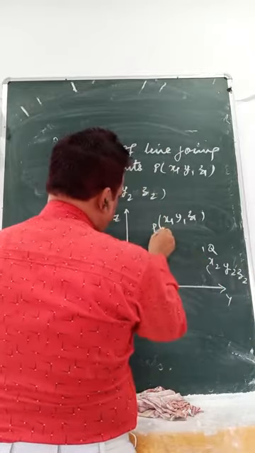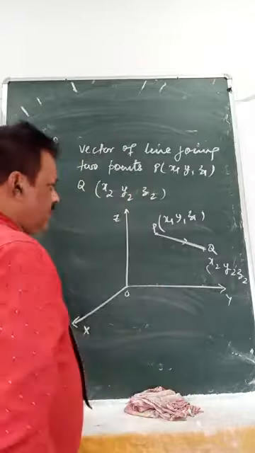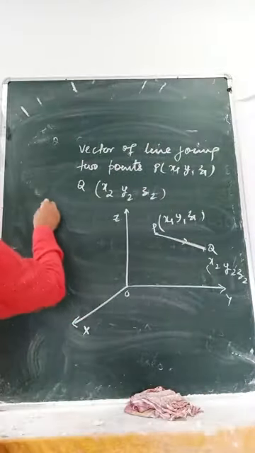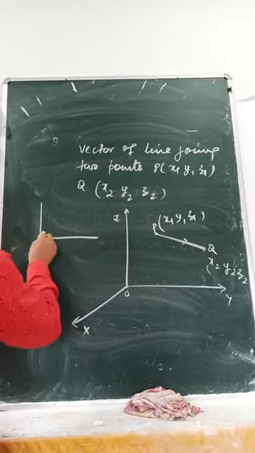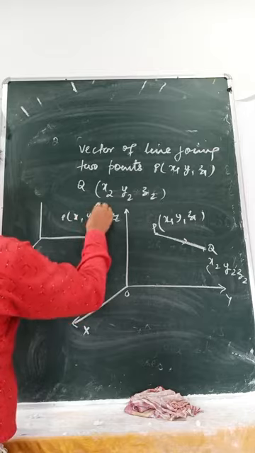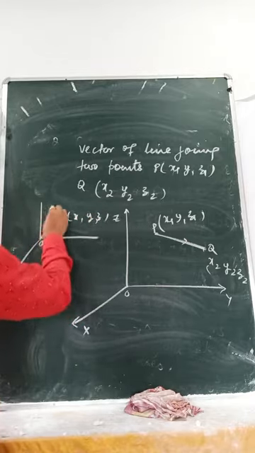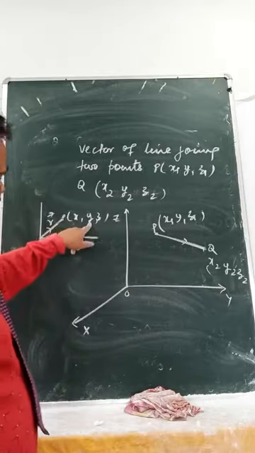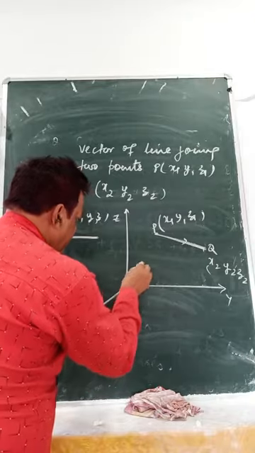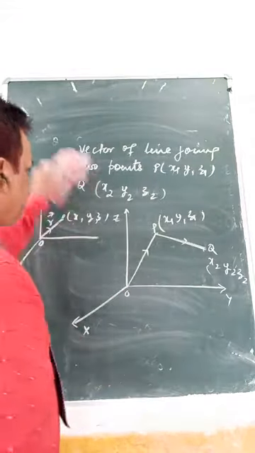Now I want to find this vector, PQ. I have already told you that if P was the point x, y, z with reference to the origin, the r vector is xi plus yj plus zk. So with reference to the origin, what will be your OP vector?